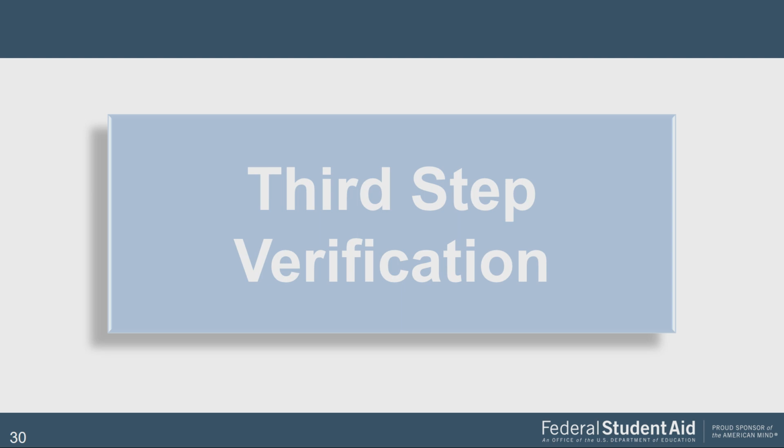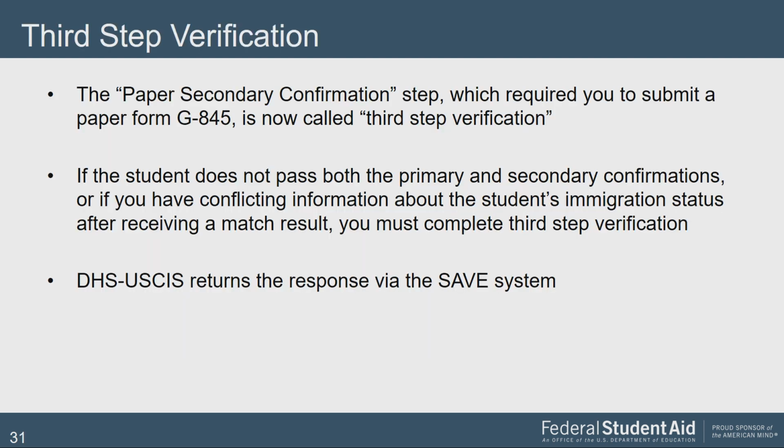If the student doesn't pass the primary or secondary confirmations, or if you have conflicting information about the student's immigration status after receiving a match result, you must complete third step verification. So rather than complete the G-845 form, you now must submit the third step verification request and receive the responses electronically through the SAVE system.